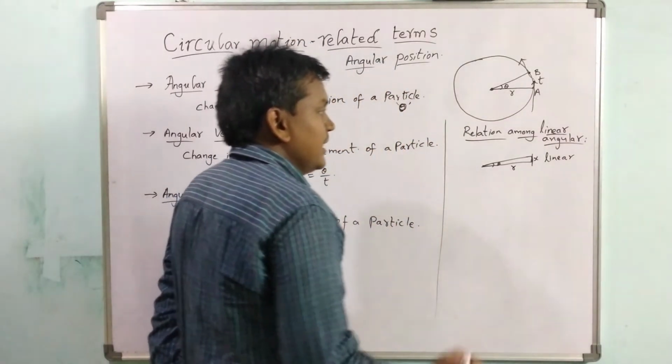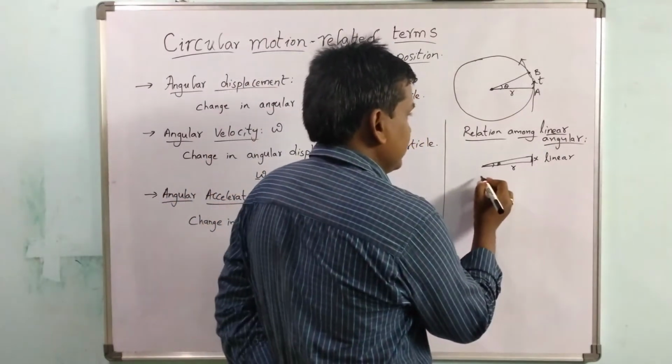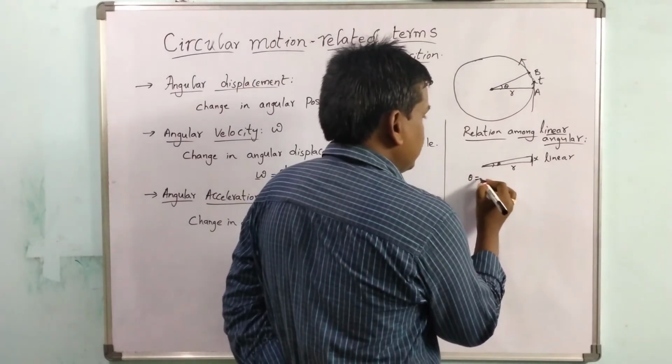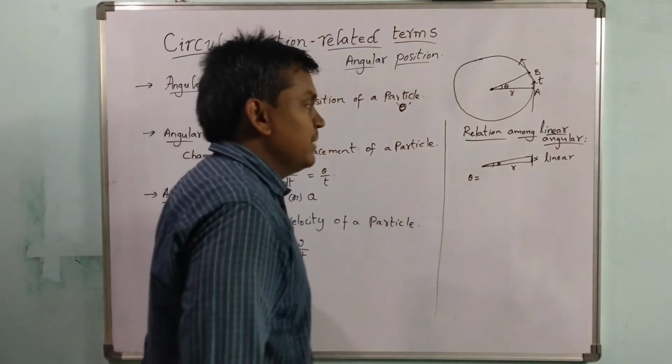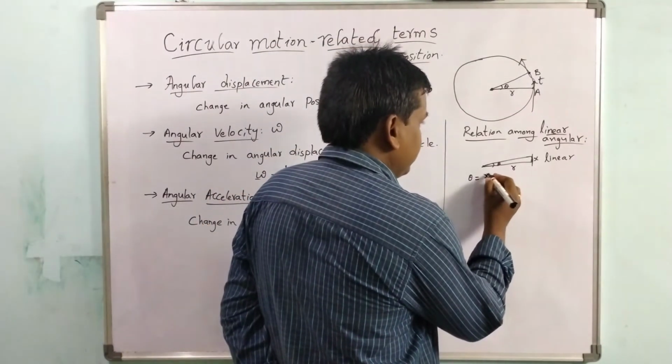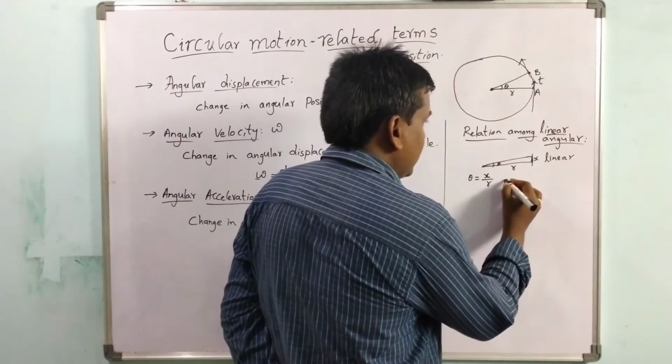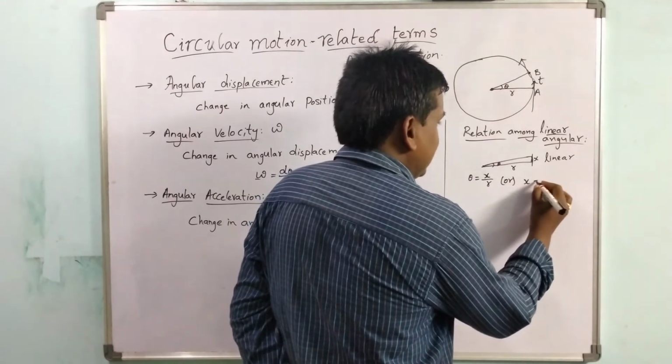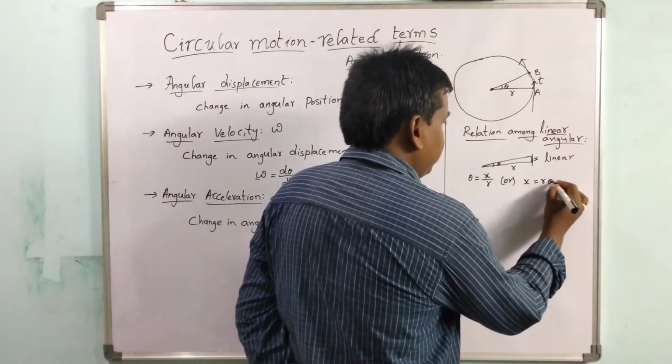So the relation is theta equals x by r, or x equals r theta.